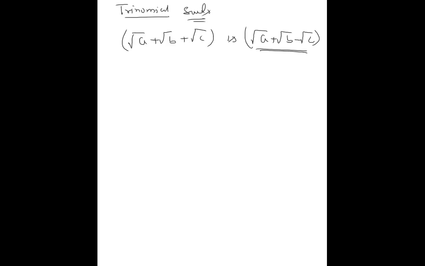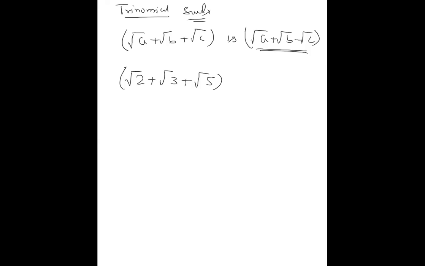One of these three contain the minus sign, but if you are able to count down the numbers, that will be easier for you. What I'm saying, like if I'm giving something like this, root 2 plus root 3 plus root 5, right? I have to multiply with the rationalizing factor of this.